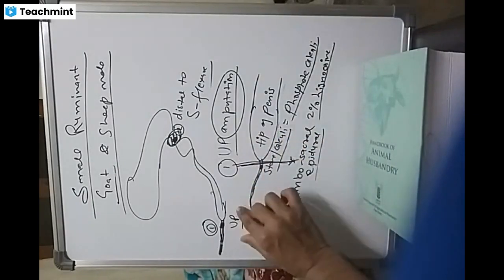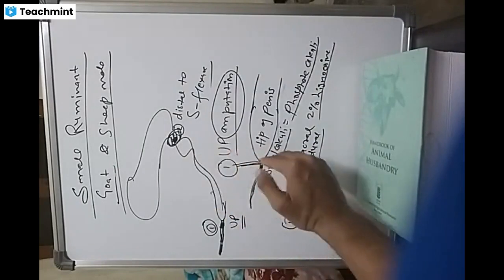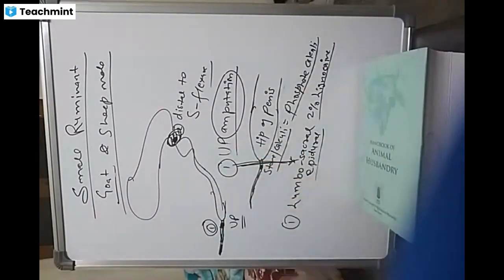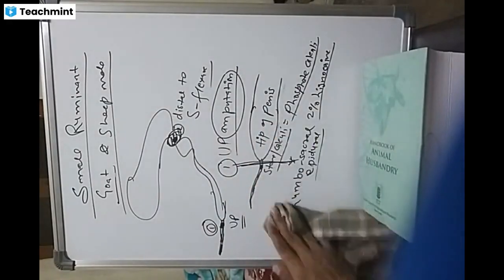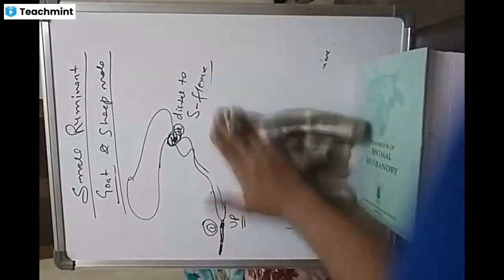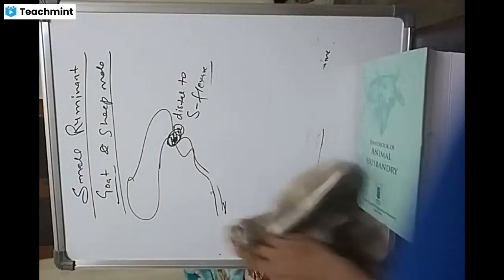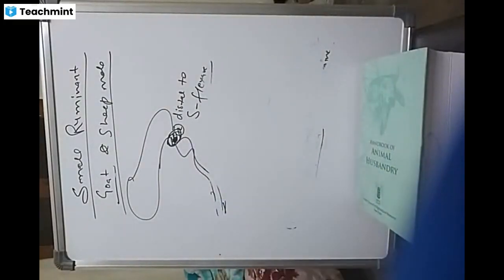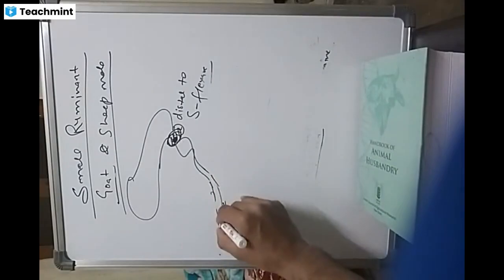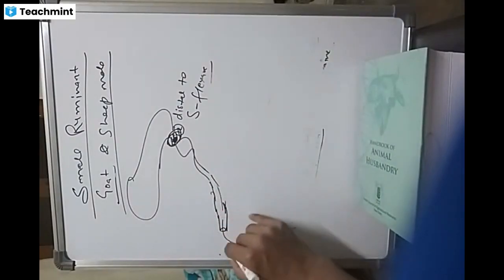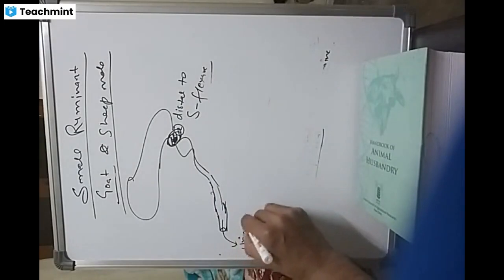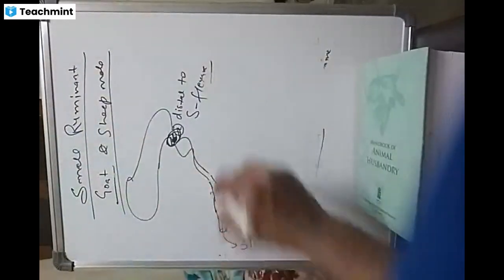So the most common site is removed, the calculi is removed, and the urine will pass immediately from this part. If you remove this urethral process, then urine will come out.